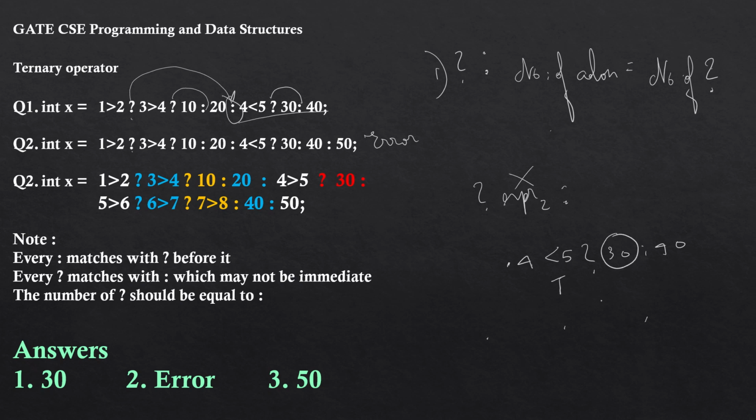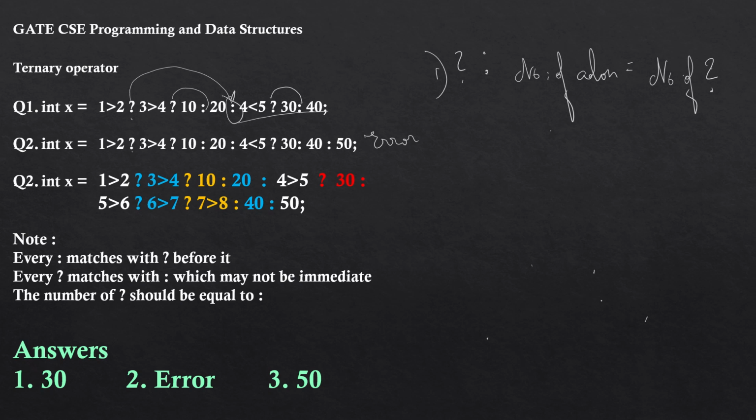So it goes to the true part and returns 30. So x becomes 30. Now let's look at the second question. As we saw, since the number of colons and question marks was not matching, we are getting an error.